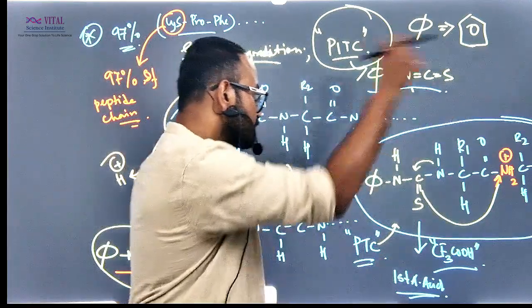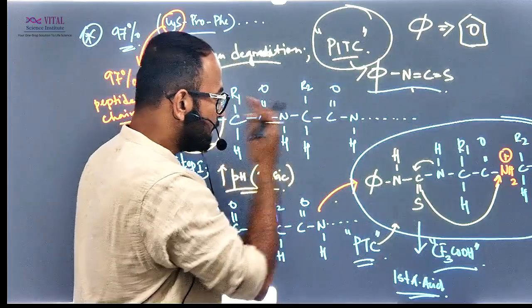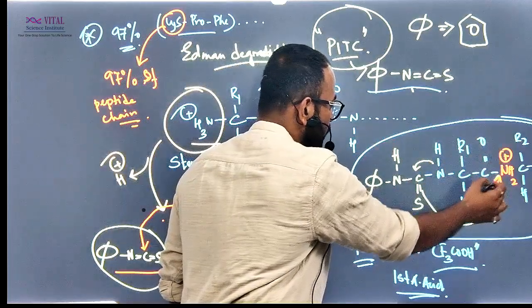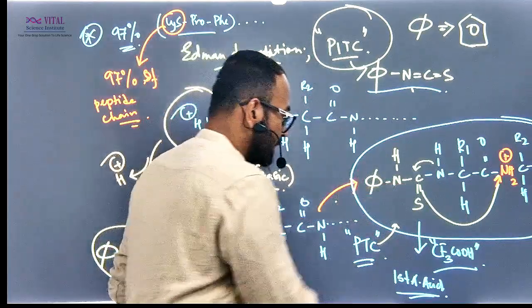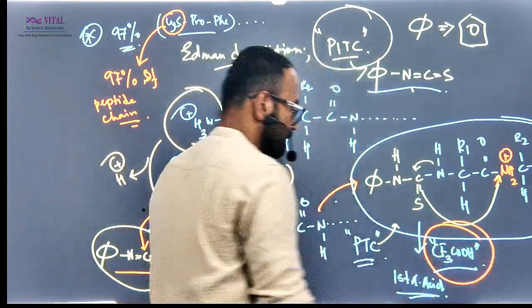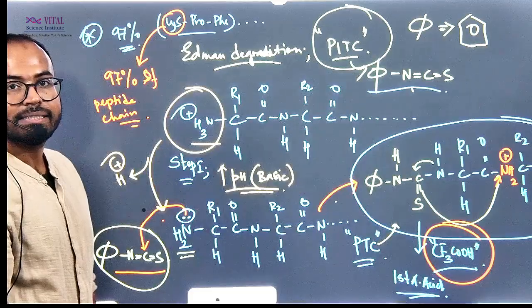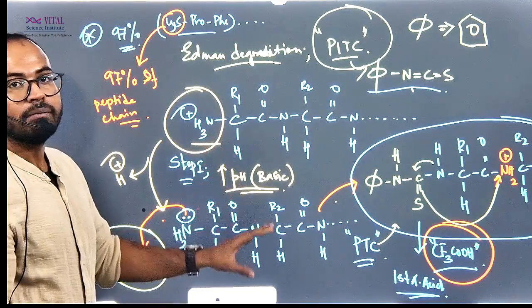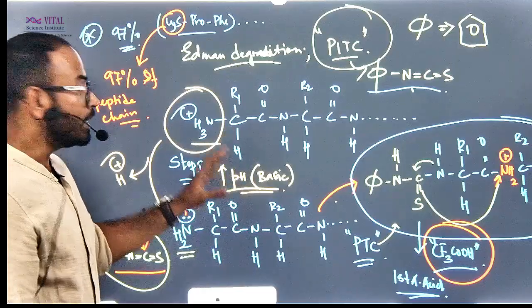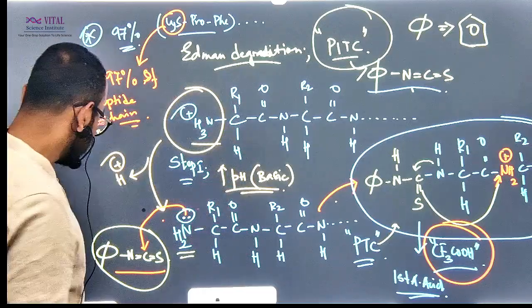And as a result, this entire first amino acid with the phenyl isothiocyanate unit will be removed by the application of performic acid. So this is the mechanism by which the entire process of amino terminal end determination using Edman degradation takes place.